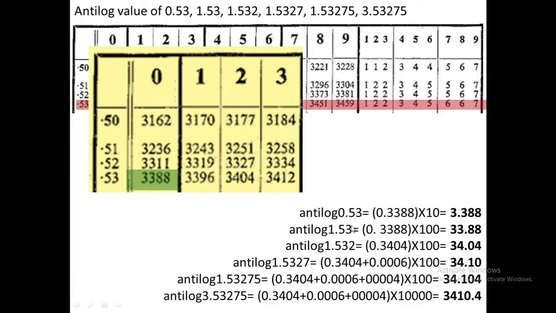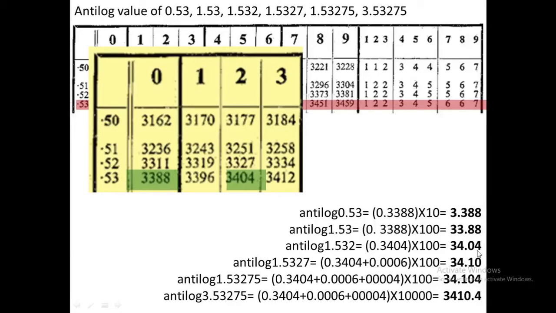If it is 1.53, we have to multiply by 100. If it is 1.532, in that case we have to check this 0.53 in the column of 2, and the value is 0.3404, and it is mentioned 1, so we have to multiply by 100, and finally we will get 34.04.